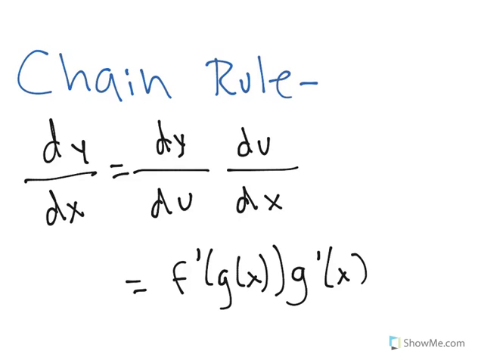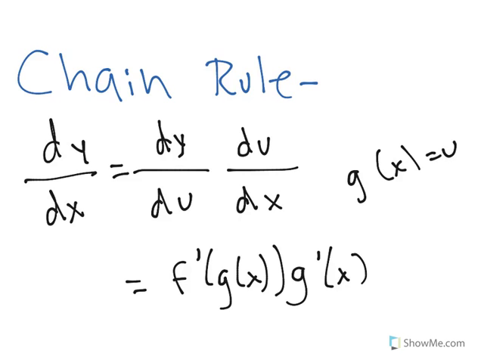This could also be written as f prime of g of x times g prime of x. So in this case, we're thinking of g of x as being basically u.